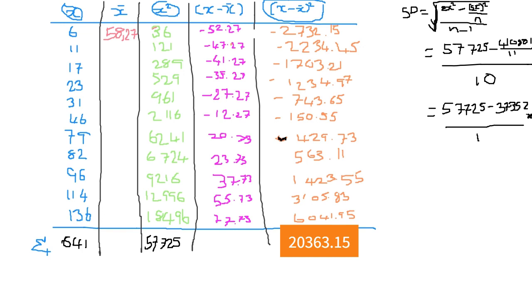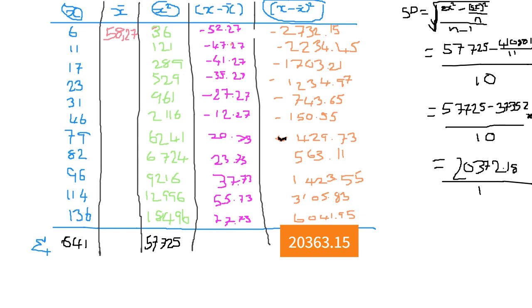We're here, we might as well. So it's 57772 minus 37352.82, which gives us 20419.18. Divide that by 10.